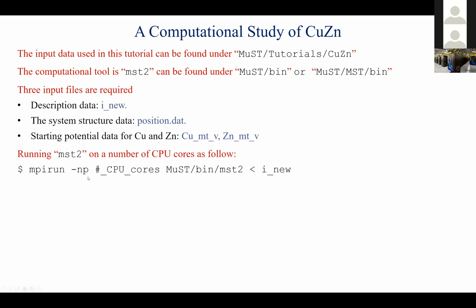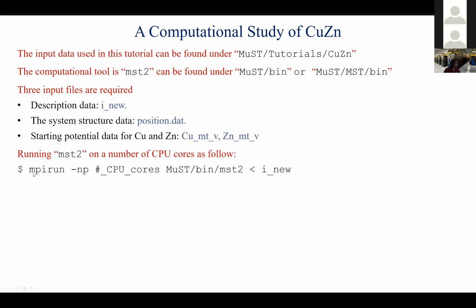Now, to run the calculation, you do mpirun. If you're not familiar with it, this is an executable that comes with the MPI library. Basically, it starts many MPI processes and runs the executable on multiple processes. They can all talk to one another, so that allows you to parallelize your calculations.